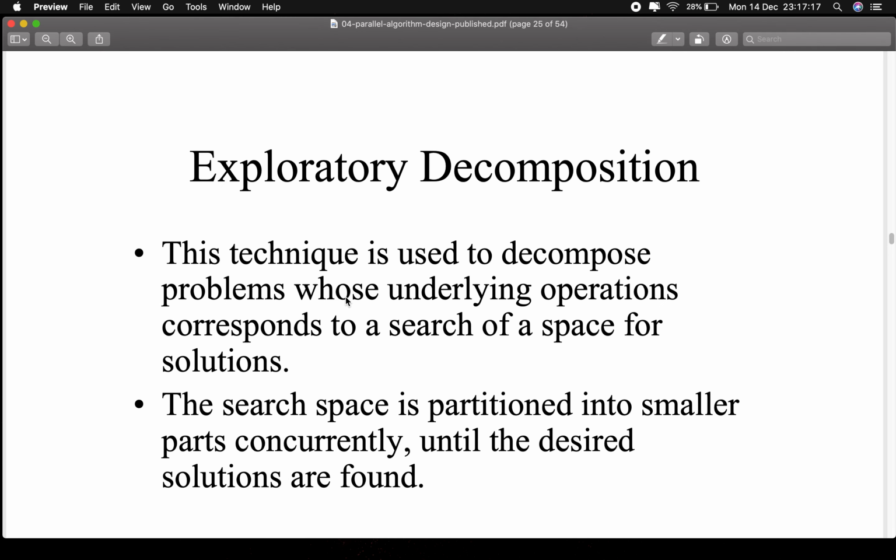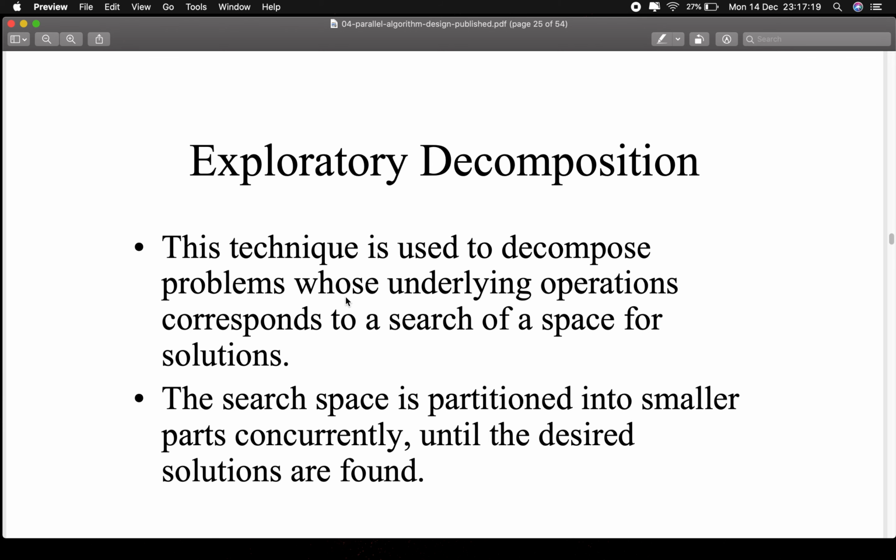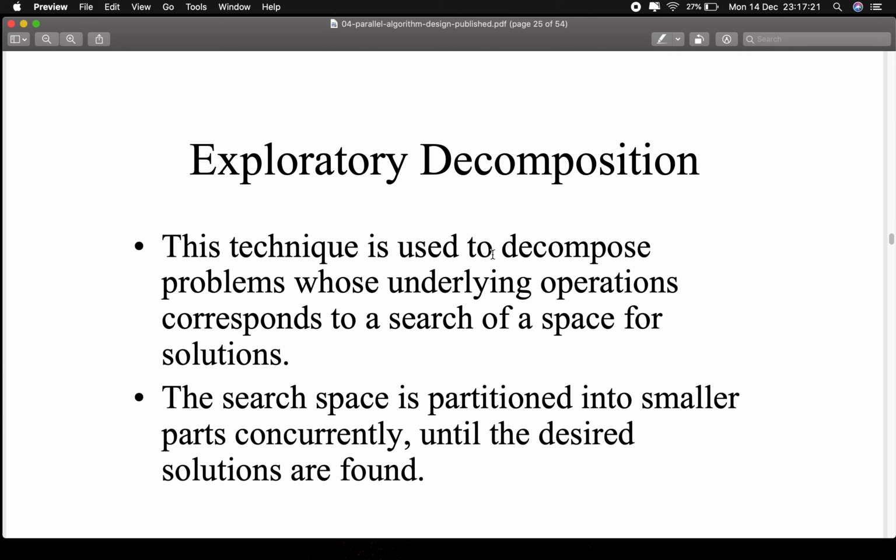The third one is exploratory decomposition. This technique is used to decompose problems, or your computation or application, whose underlying operation is a search. So the main purpose is to search the space for the solution.